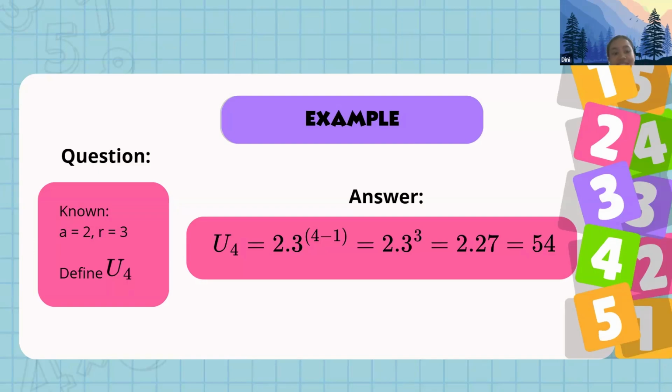Notice anything, guys? Each number adds 3 to the next one, Miss? Yes, exactly. We call that an arithmetic sequence because of that constant plus 3.